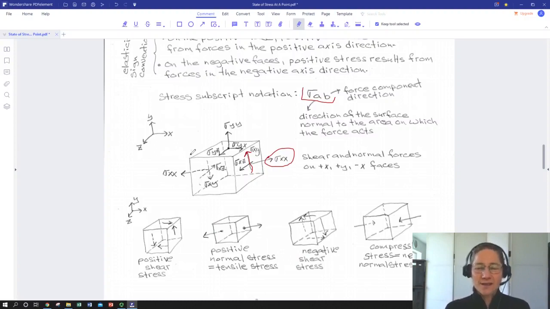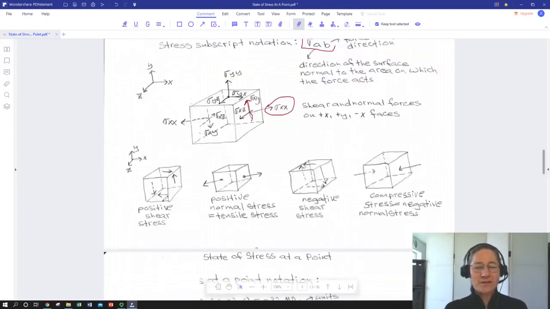And likewise, that convention continues. So we have a little drawing. Shear stress, so here's a force acting in the positive y direction on the positive x face, it's positive. Here's a force acting in the positive x direction on the positive y face, it's also positive. Here's a force acting in the negative x direction on the negative y face, it's a positive shear. It's going to result in a positive shear stress.